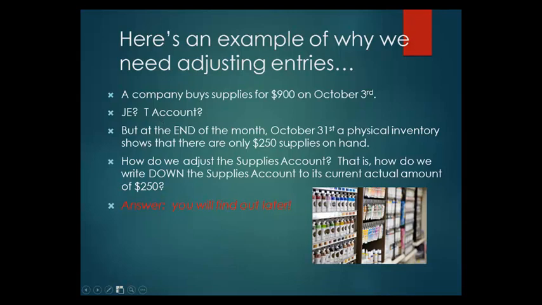At the end of the month, they go into the supply room and do a physical inventory, counting all the supplies, and determine that there's only $250 worth of supplies on hand. Now the supplies account is still going to show $900. So my question to you is, how do you write down the supplies account to its current actual amount of $250? Answer, you're going to find out in the next video.